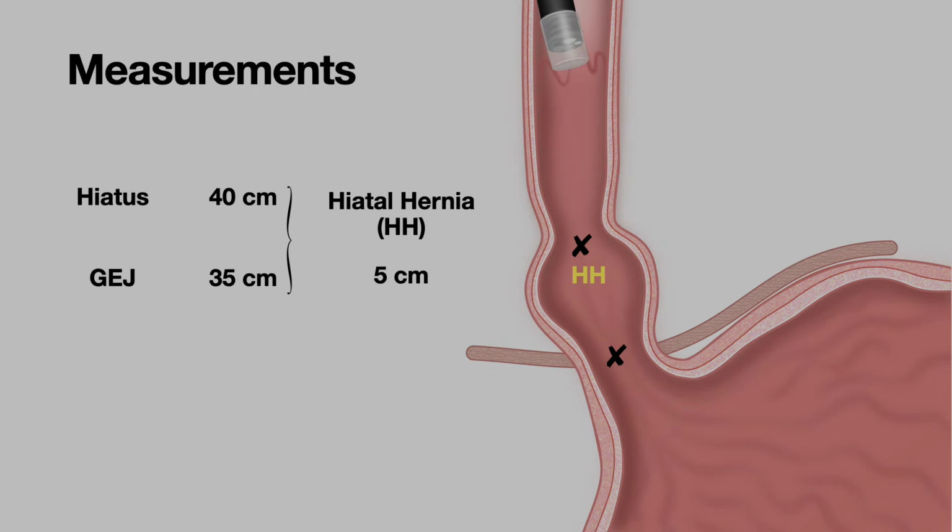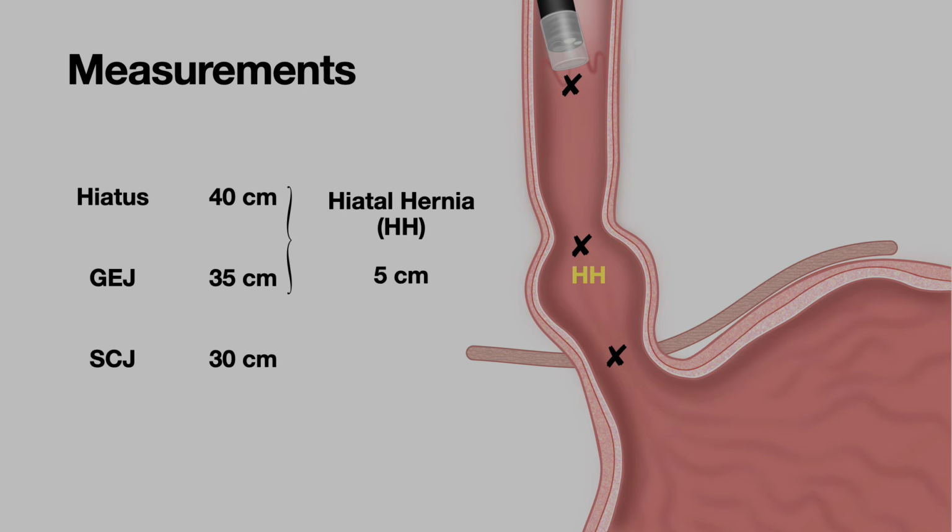Then as you come up, measure where the squamocolumnar junction is, where the beefy red stomach lining ends and the nice pink lining of the esophagus starts. Here the squamocolumnar junction is measured at 30 centimeters.